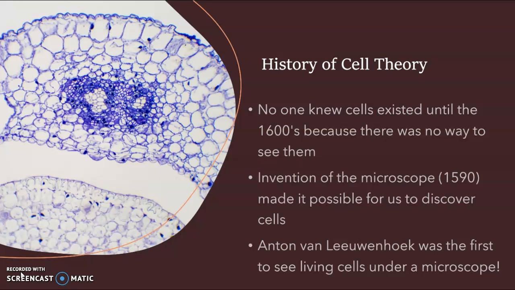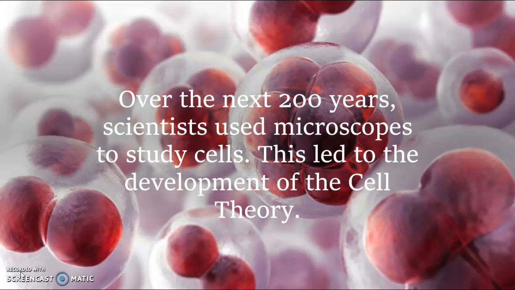And that discovery made it possible for us to discover cells. So Anton van Leeuwenhoek was the first person to see cells under a microscope. And then over the next 200 years, scientists used microscopes to study cells. And that led to the development of the modern cell theory.